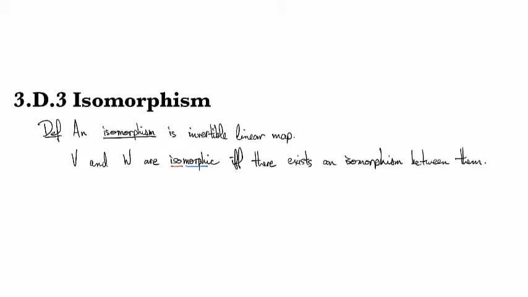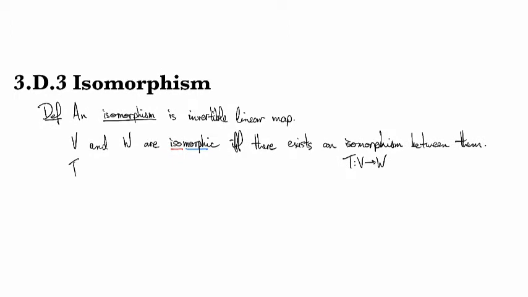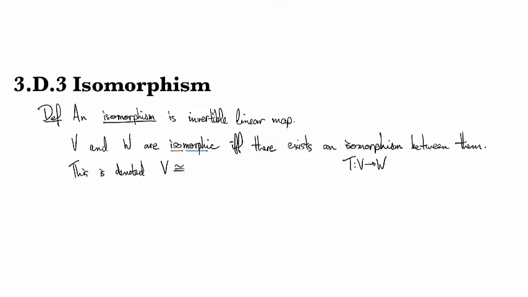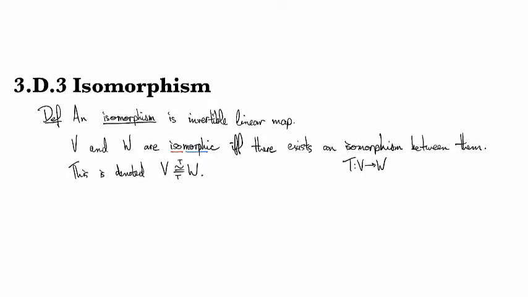This isomorphism is going to be some T mapping from V to W. And this is denoted by saying V is isomorphic to W.